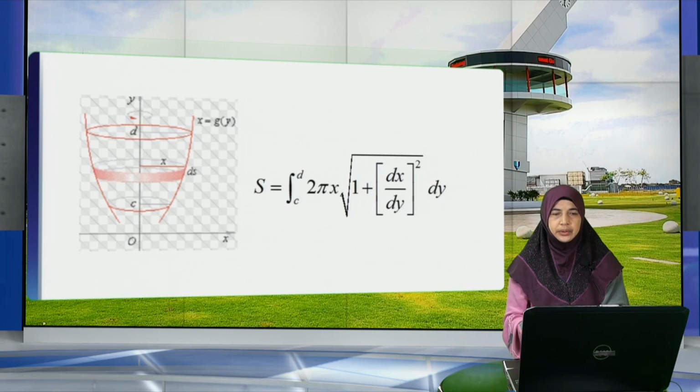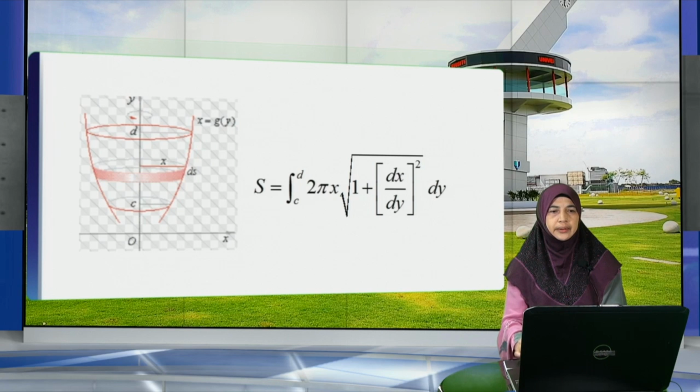Okay, let's look at the formula again. Remember, to find the surface area of a revolution, when we revolve portion of this curve here about this y-axis.